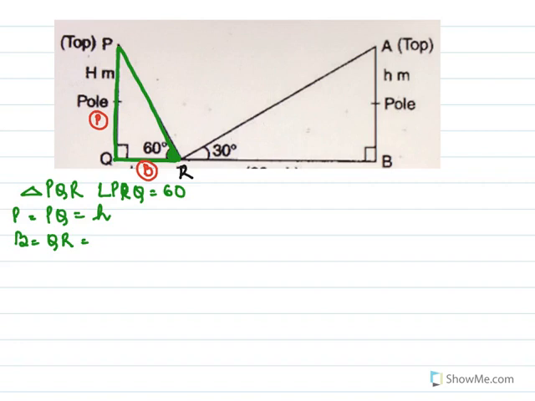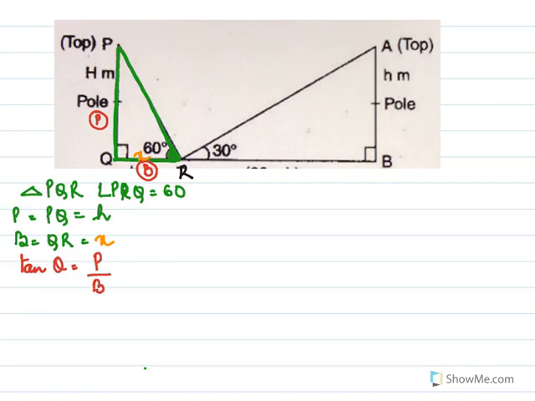Then tan theta is perpendicular over base.